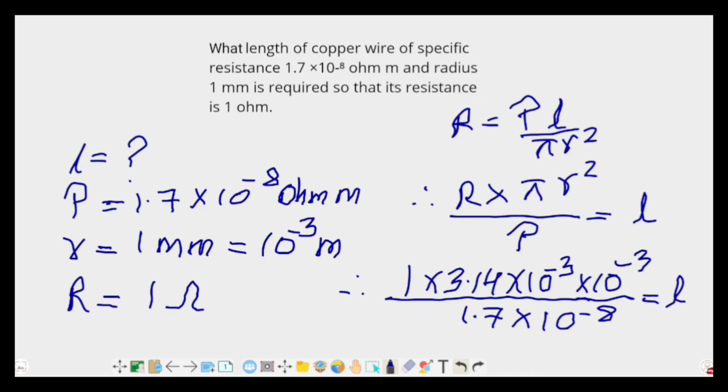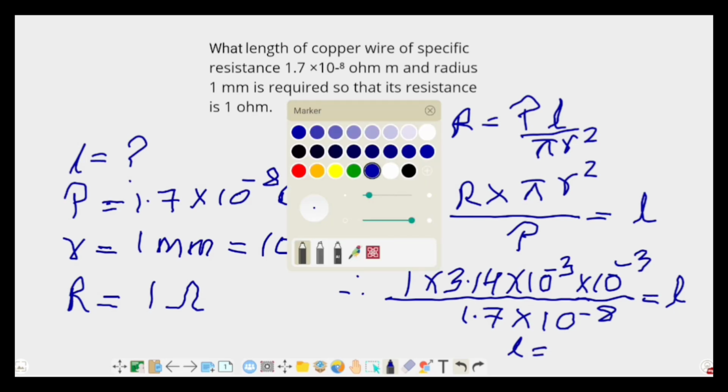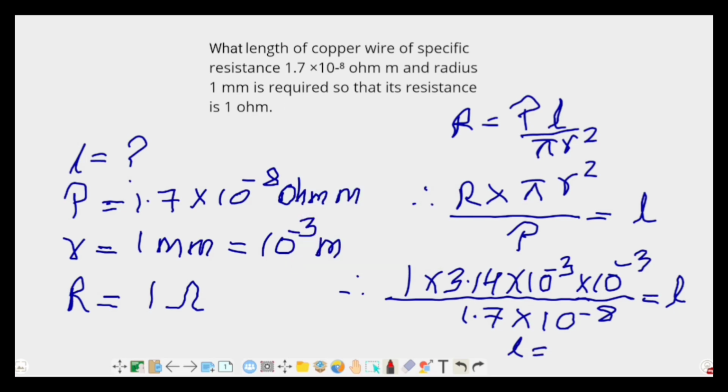You have to simplify this. Now when you simplify this, just see, 10 raised to minus 6 will get cancelled here. You will get minus 2. When you transfer it up, 10 raised to minus 2 will become 10 raised to 2, upon 1.7.